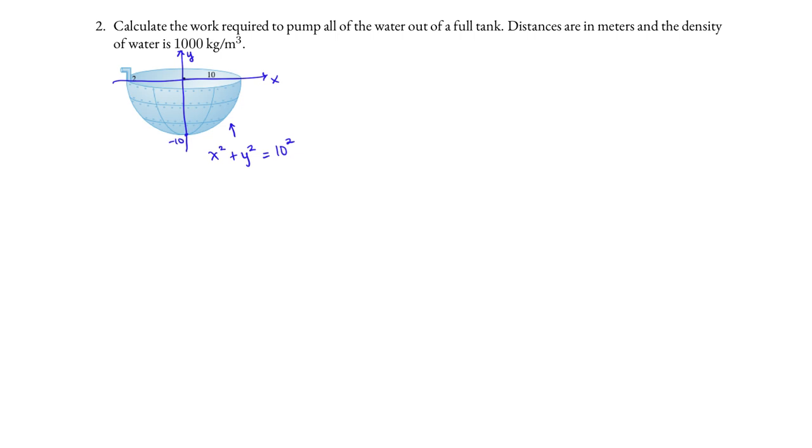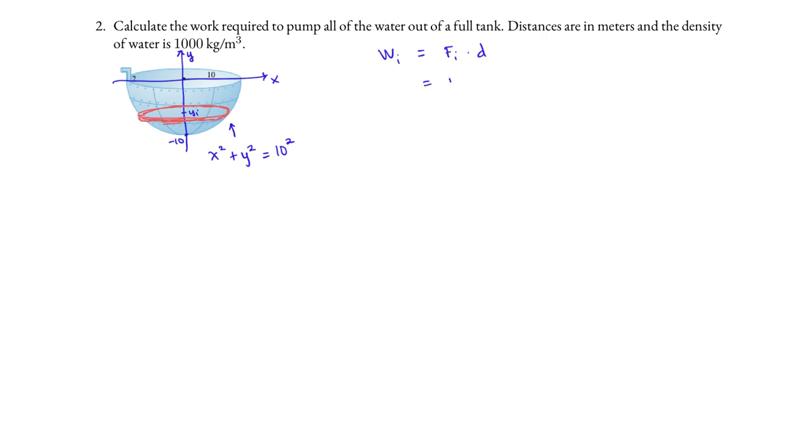To find the work, we will find the work of one representative slice. The work to bring the slice to the top, 2 meters above the water surface, is the force times the distance.